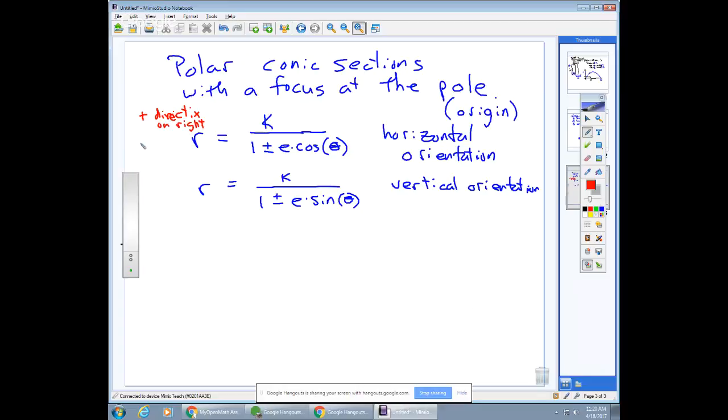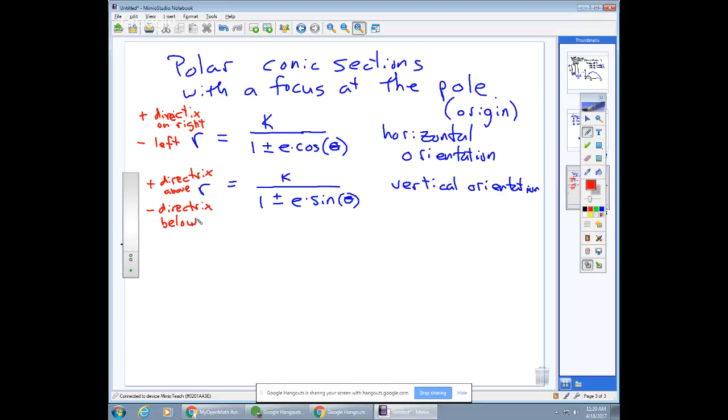A minus would put it on the left. For these down here, with a plus, the directrix would be above, and with a minus, the directrix is below. Sometimes that'll matter for consideration, but most of the time it doesn't really matter.